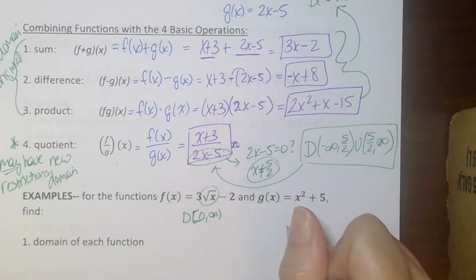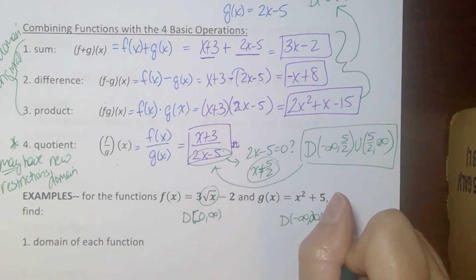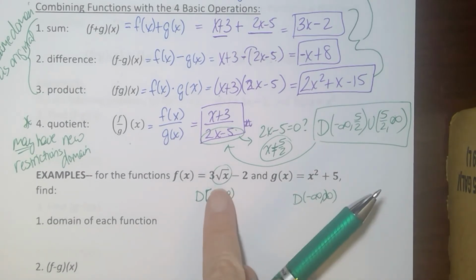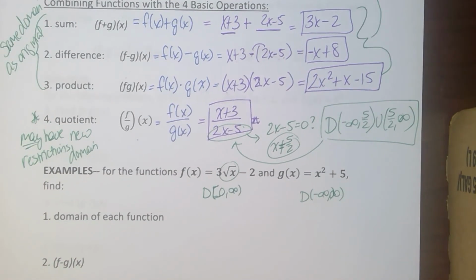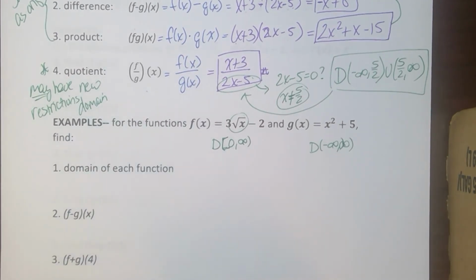Quadratic function, it has a domain of all real numbers. Negative infinity to positive infinity. There we go, all real numbers. When I am considering the domain, if I'm adding, subtracting, or multiplying, I will use my more restricted domain here. So the domain of combined functions using addition, subtraction, or multiplication will have a domain of 0 to positive infinity so that we don't have to worry about plugging in something to the combined function that will cause a problem. So we looked at the domain of each individual function.